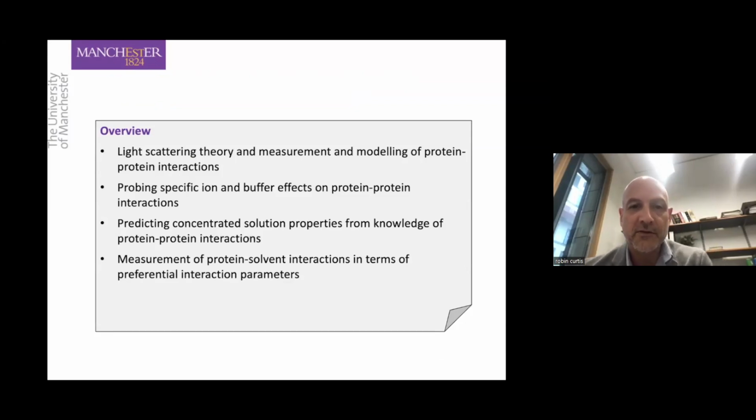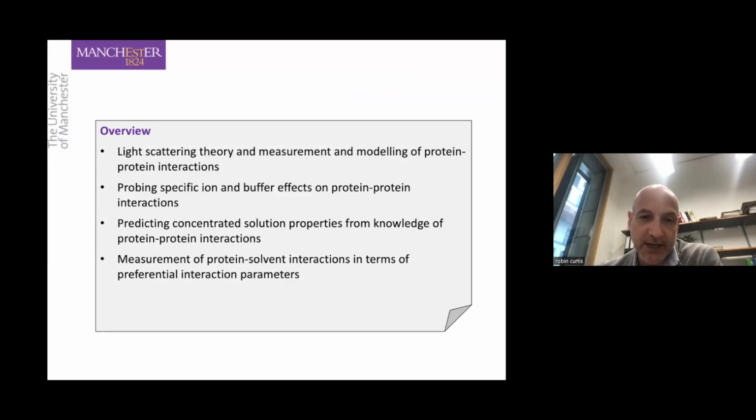So, an overview of the talk. Initially, I want to say a few words about the theory underpinning measuring protein-protein and protein-solvent interactions. I don't want to spend too much time on that, but I want to make a couple of points. Then I'll go over how we use measurements of protein-protein interactions to understand specific ion and buffer effects.